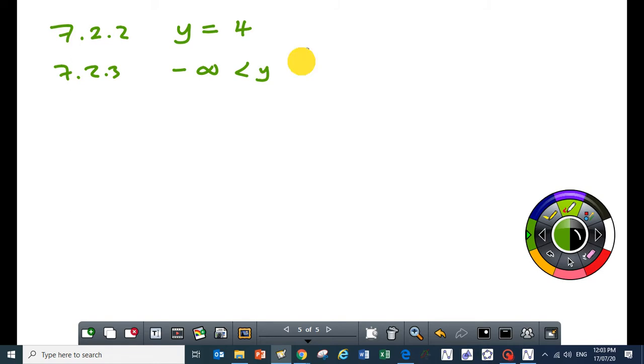So we can write, but y is less than 4. That's one way in terms of notation. Or you can write this as y is an element of real numbers, but y is less than 4. That's another notation. So we are saying y can never be 4, but it can be close to 4. Okay, and y can take on all the real numbers, but those real numbers must be less than 4. Okay?